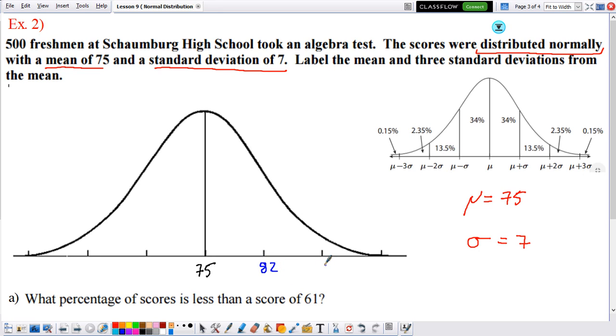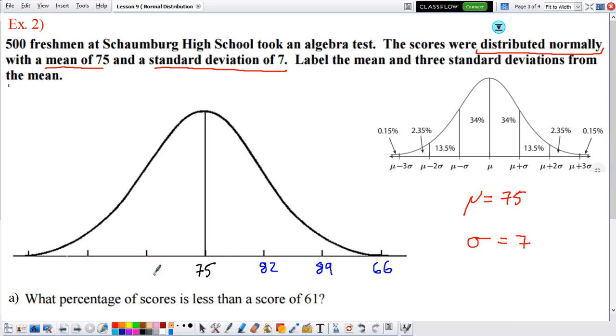You move once more, that's going to give you a value of 89. And if you move once more, you need to add another standard deviation, and that's going to give you a value of 96. Excellent. So now here we are on our mean again.